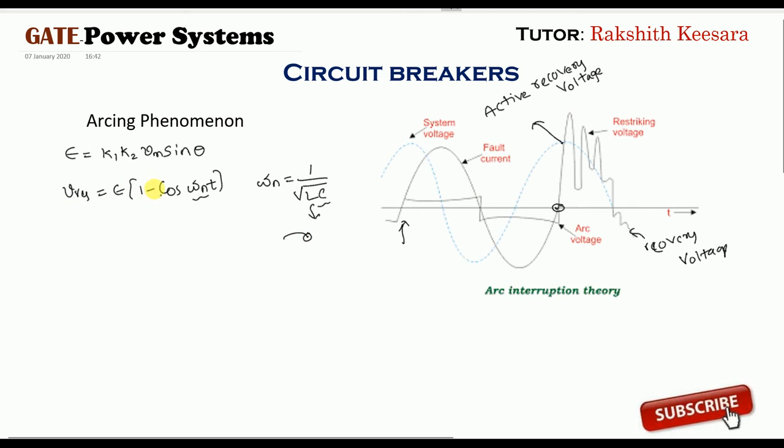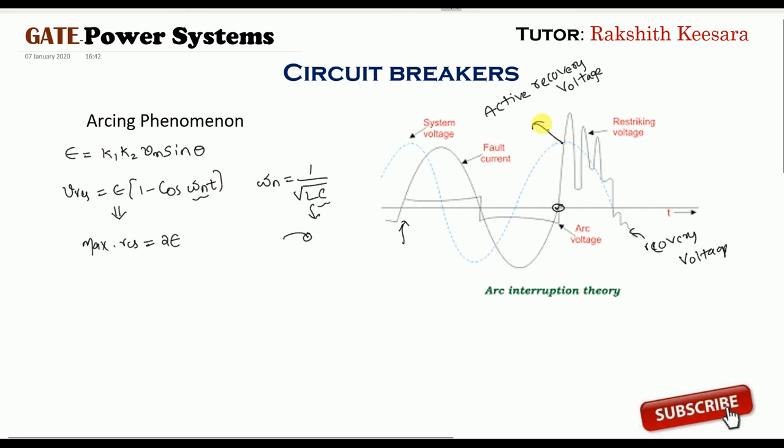This is the expression for restriking voltage. From this, I can tell that the maximum restriking voltage, if I keep t equal to pi, will become 2E, where E represents the active recovery voltage at this point.